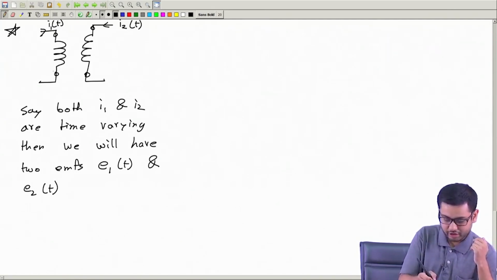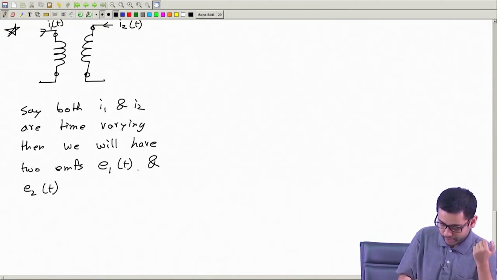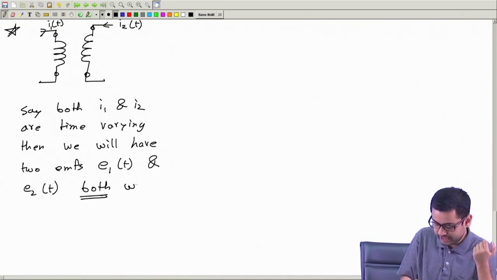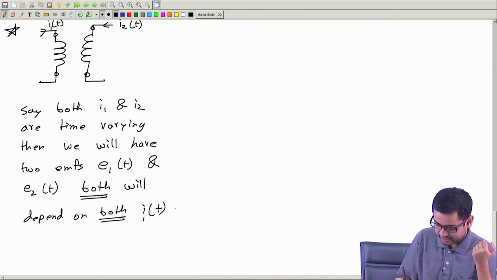They both will depend on both i1 and i2.